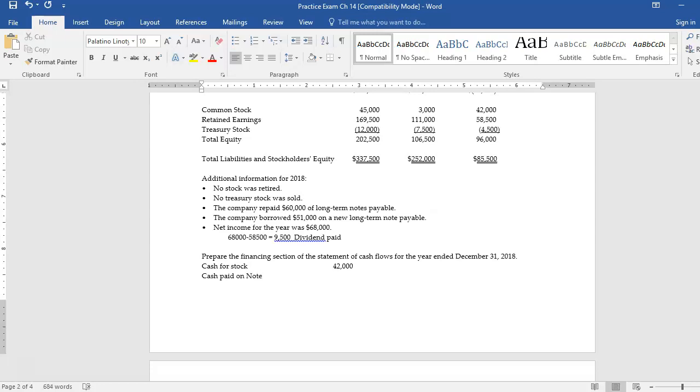That's that $60,000. And that one's actually a negative because I paid it, right? Then I borrowed 51. So that is 51,000 to add. Then I paid dividends. So cash paid for dividends is minus 9,500.